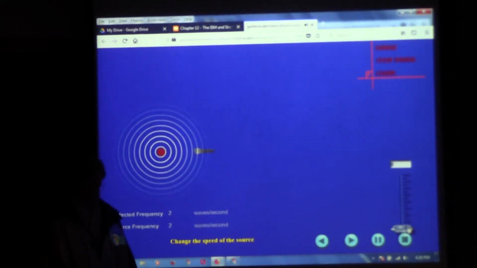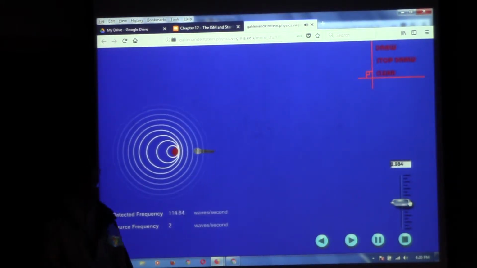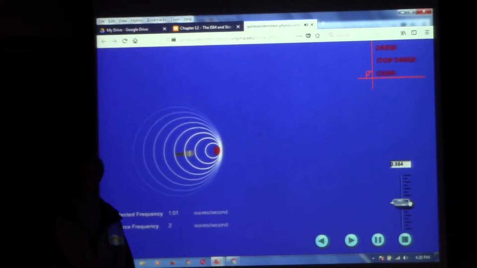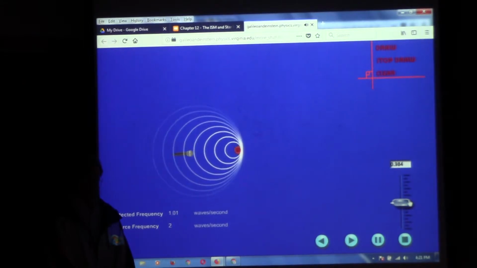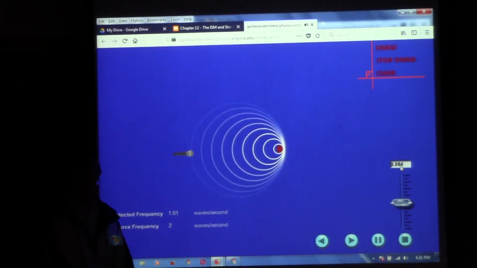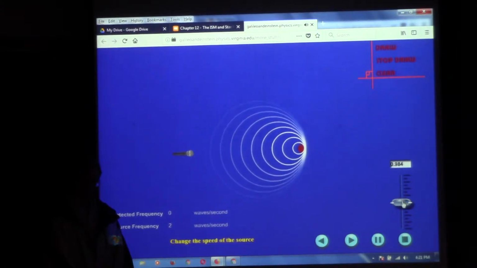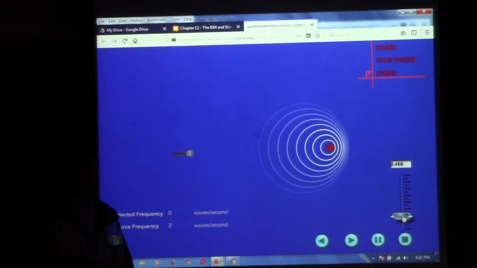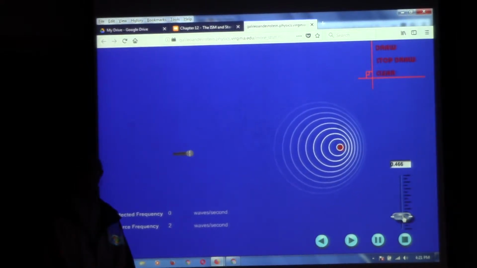Let's start it moving. Doppler shift. I've actually got it moving at 98.4% the speed of sound, or light if you wanted to think of it as light. If I slow it down some, you have that situation like before.